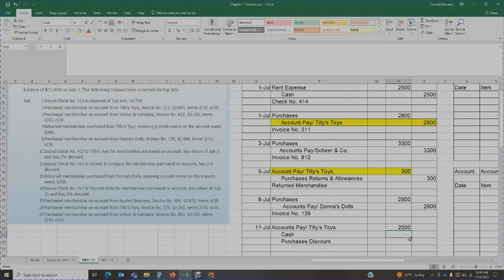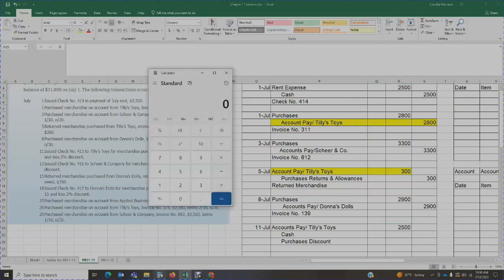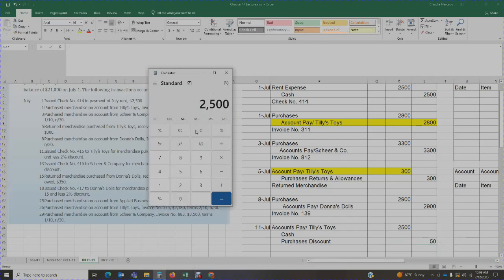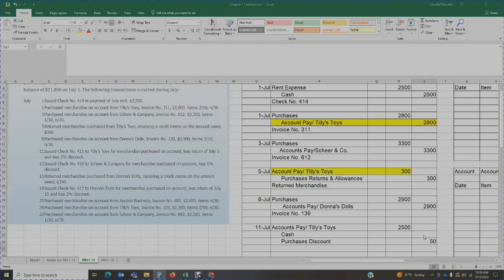Now the problem mentions a 2% discount. So we've got $2,500 times 2%. That means that we're going to have a $50 discount for paying within 10 days. So we have a purchases discount of $50. So that means that we owed $2,500. We got a discount of $50. That means that the actual cash that we're going to pay out is $2,450. So the cash is the actual payment amount.